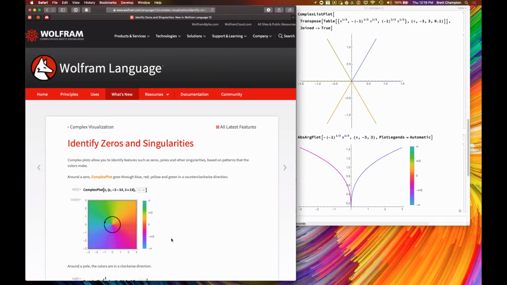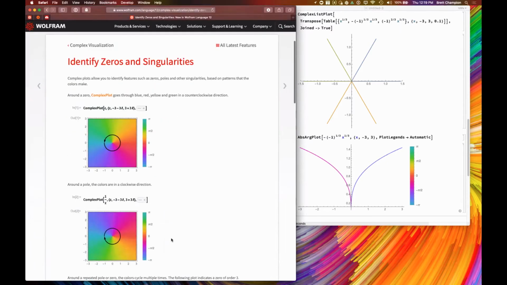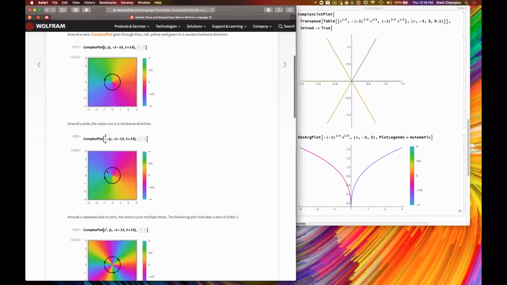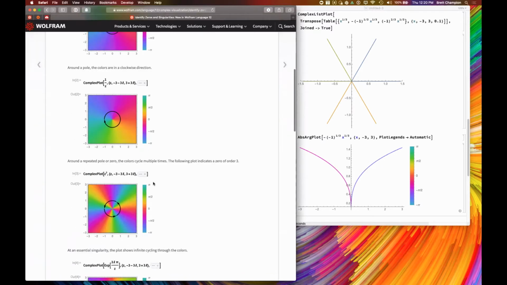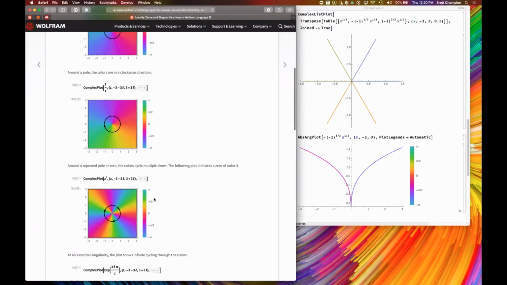On the other hand, for a pole, such as 1 over z, we have the same behavior but in a clockwise manner. The fact that you've inverted, done 1 over 0 to get the pole, reverses the sense of that. And if you have a multiple 0, so here we have z cubed, which has a 0 of order 3 at the origin, we're going to see the same behavior, but we're going to see it happen 3 times.